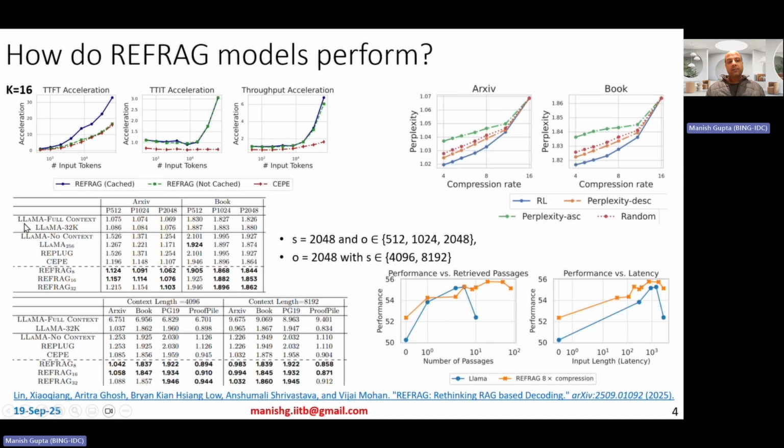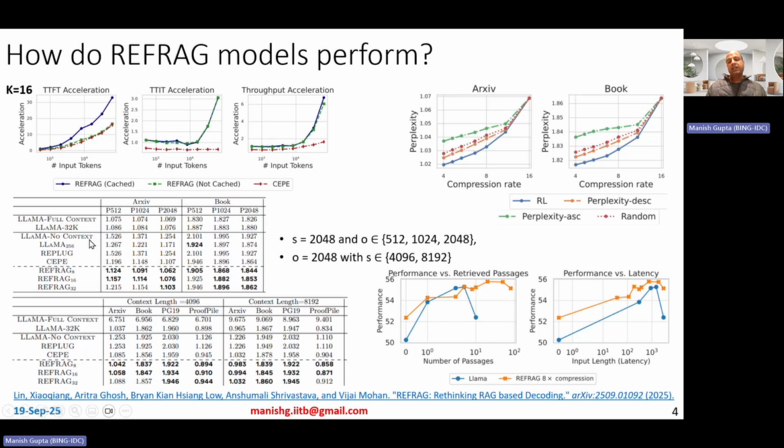LLaMA model in general, I think it has just 4K as the token length, but LLaMA 32K is a specialized version of LLaMA which has been trained on a 32K token length input. Then they also used LLaMA no context. Basically, this should perform poorly because you're not supplying any context at all and just asking it to generate stuff and measuring its perplexity. Right?